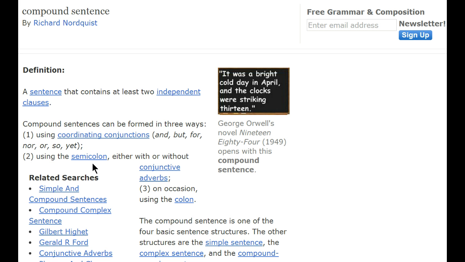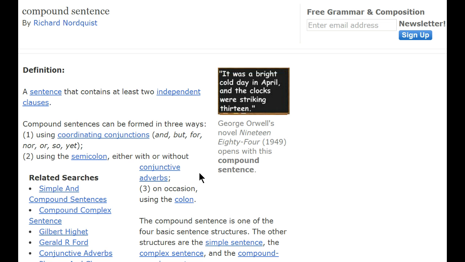We won't talk about that right now. You can also use a colon to form compound sentences. We're going to stay strictly to the independent clauses.